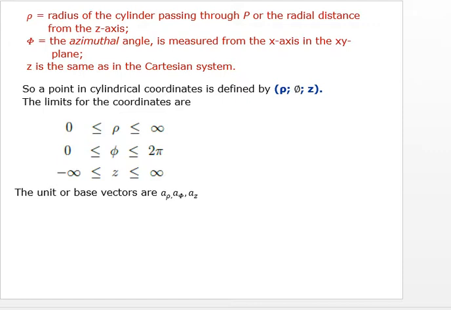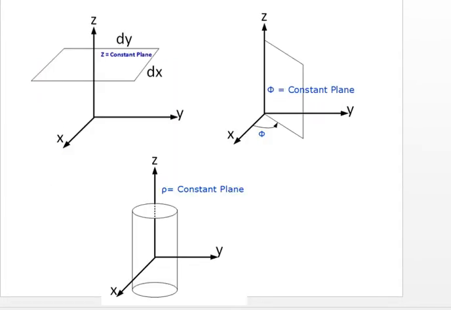Dear students, in some books they take rho and in some books r, so don't be confused about this. The unit or base vectors in the cylindrical coordinate system are unit vector a rho, unit vector a phi, and unit vector a z.